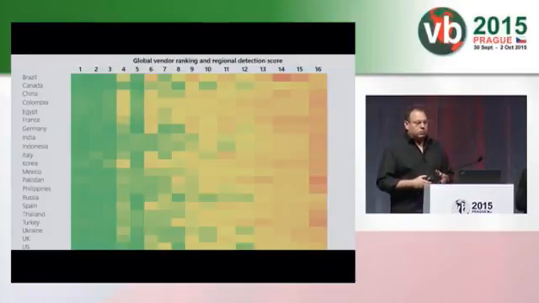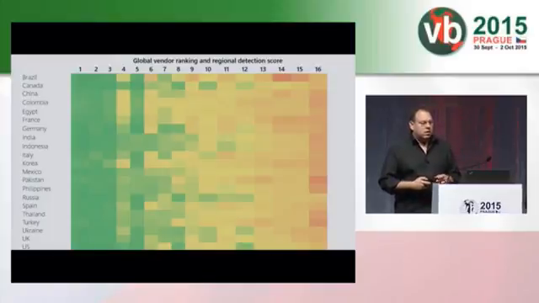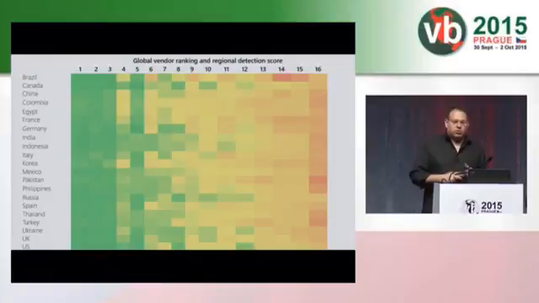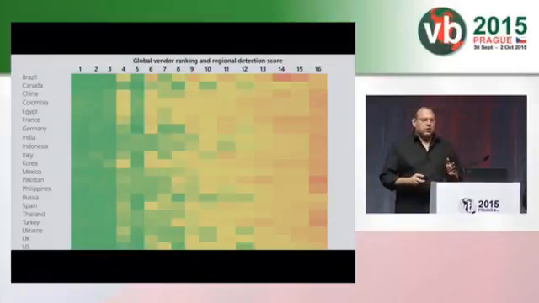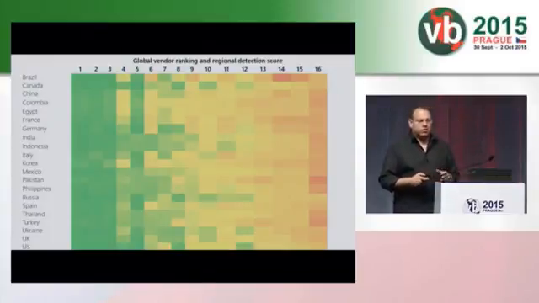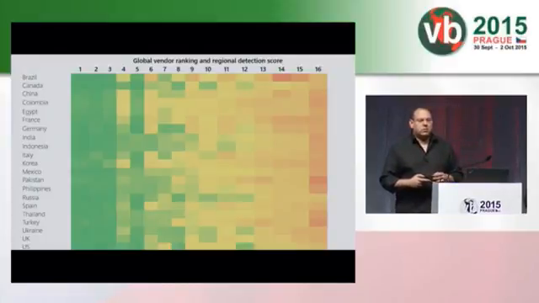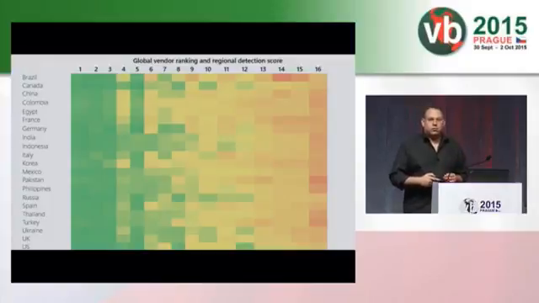Some vendors in the top 5 had very localized results, performing very well in certain regions, like Brazil, China, Colombia, Egypt, and Korea. And the other vendors performing in the middle of the global test had really high scores for certain regions: Canada, Indonesia, Russia, Ukraine, and the US. So this difference could indicate that there is some market bias for detection, and you can see that here in the table.